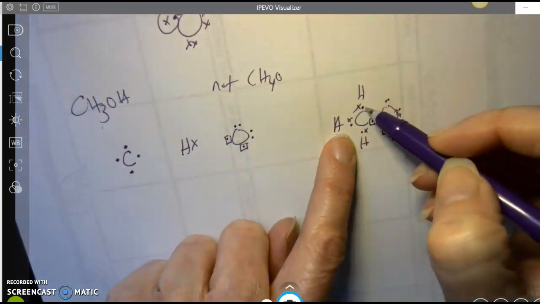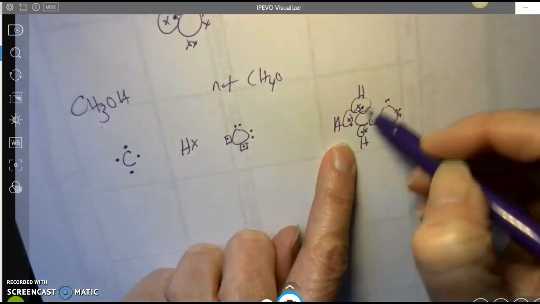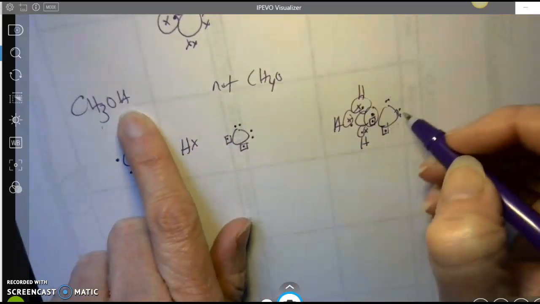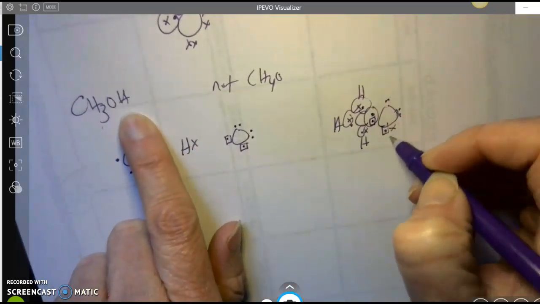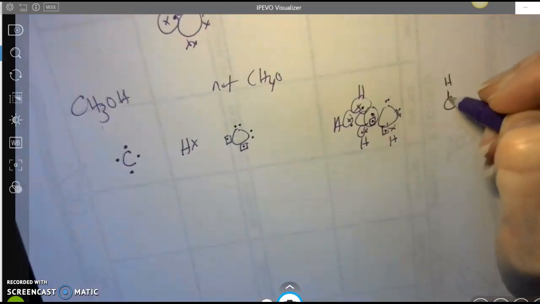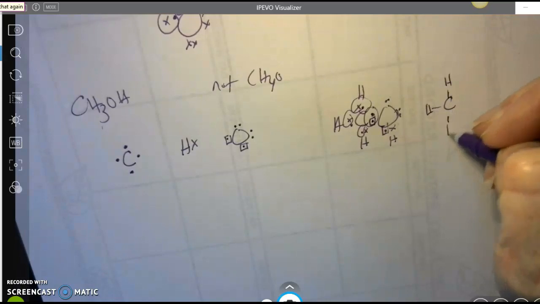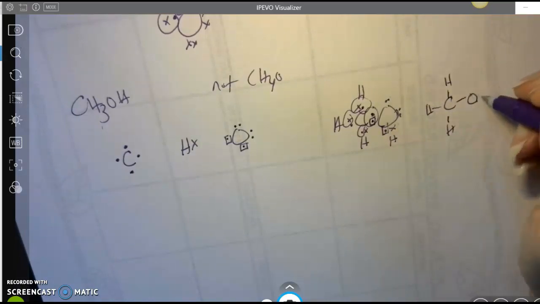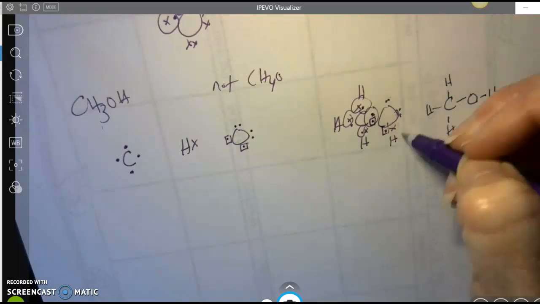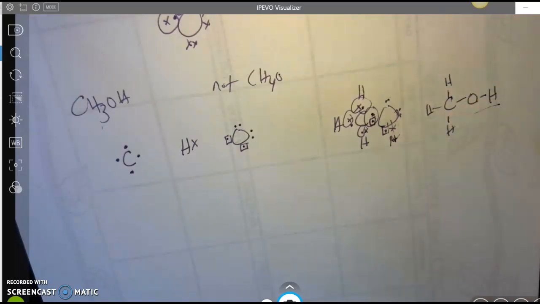So this now has its 8, 2, 4, 6, 8, and then this isn't complete. So it has room for that last hydrogen to put in here. So sometimes we'll see these with just all single bonds drawn this way. Now, they're putting the O in line here, but it's really down this way.